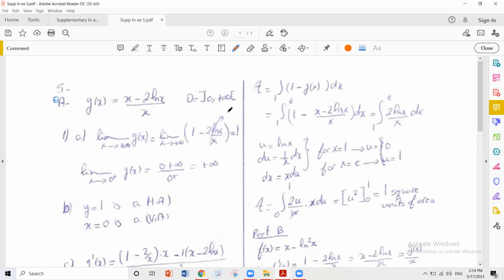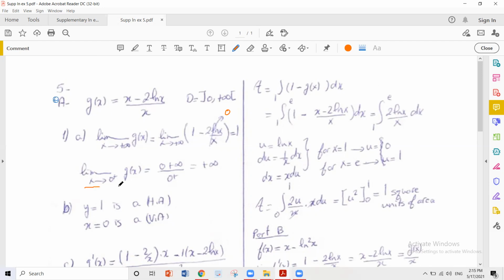Ln x over x, as x tends to infinity, is 0, it is a rule. So we get 1.